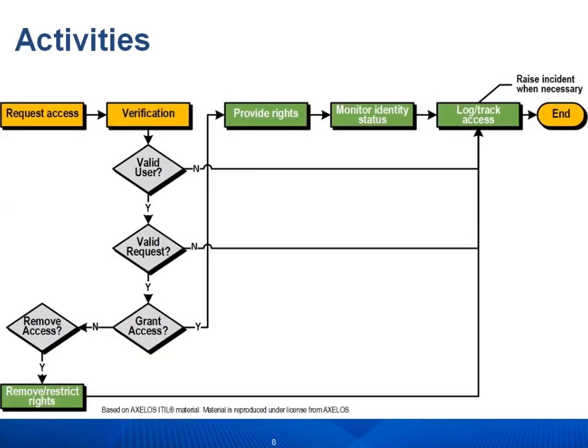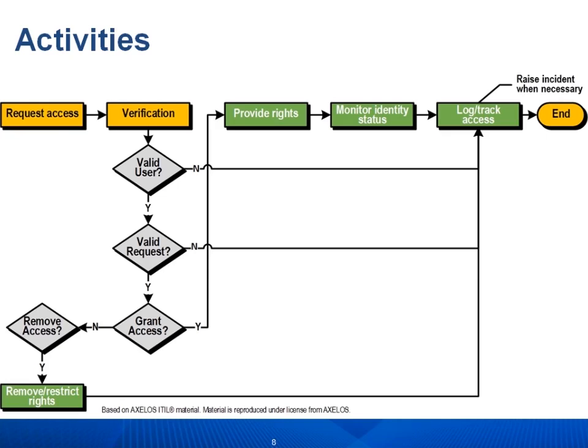All right, so here are the activities that are involved. You're not going to find this diagram in the service operation book. It was built specifically around the descriptions of the various activities, and it kind of brings together this process flow where there's going to be a request. We need to verify. We're going to ask ourselves, is it a valid user?